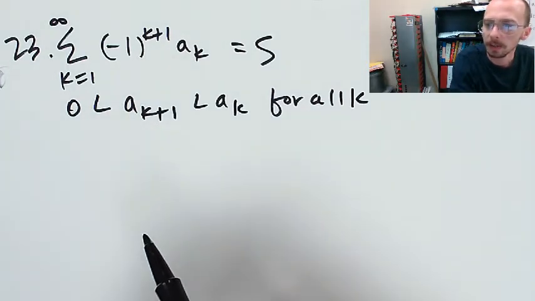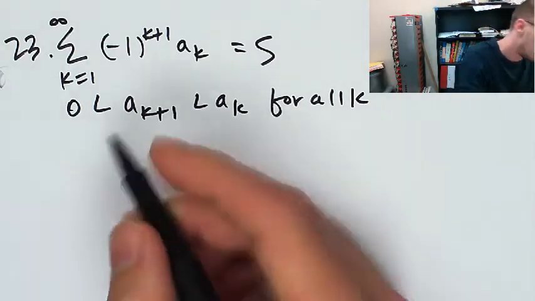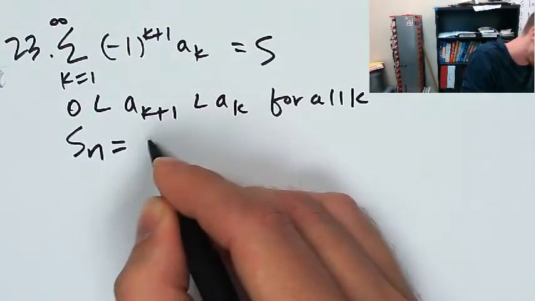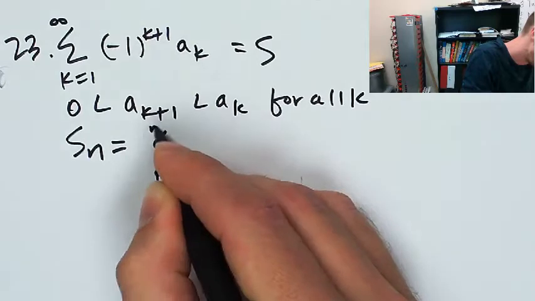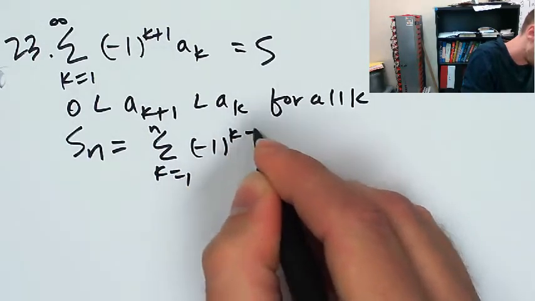Let Sn be the nth partial sum of the series. Determine whether, okay, so Sn equals the sum from k equals 1 to n of this.